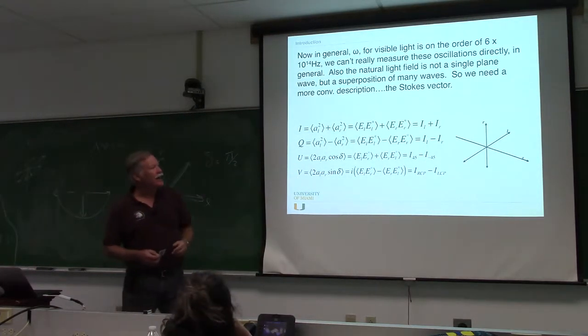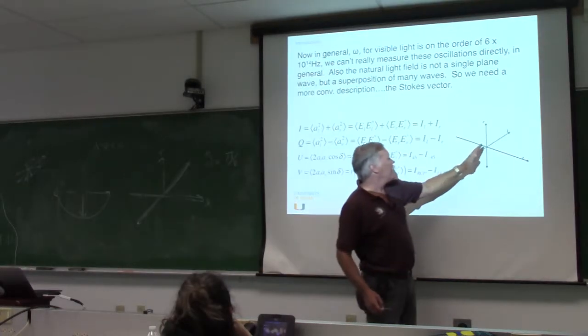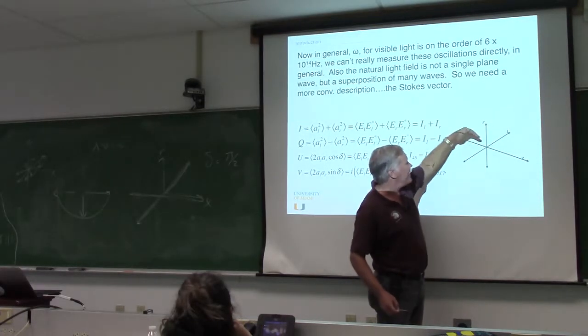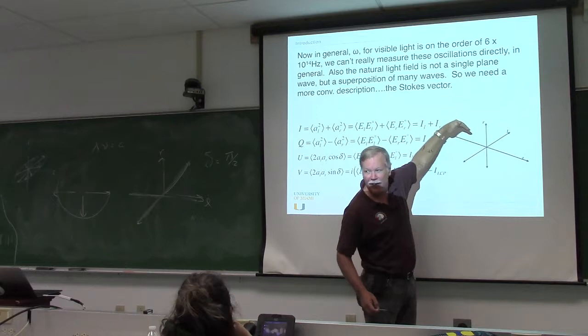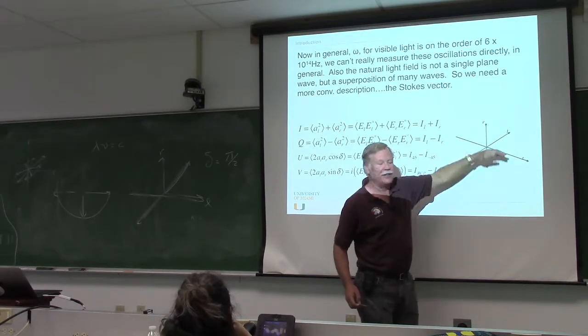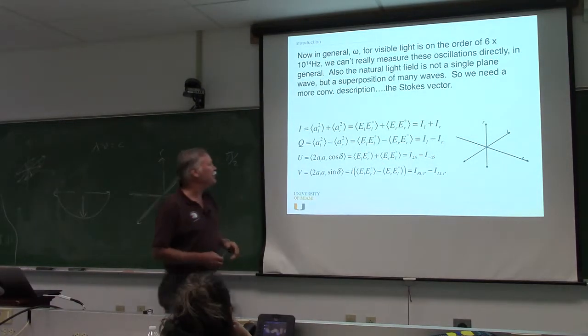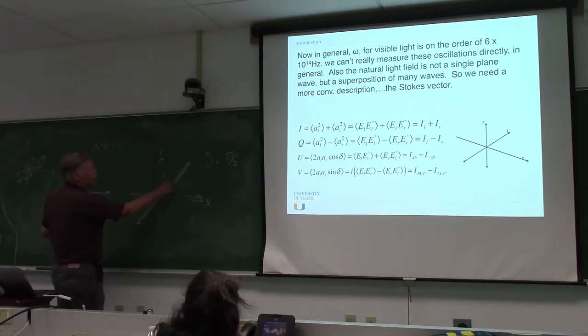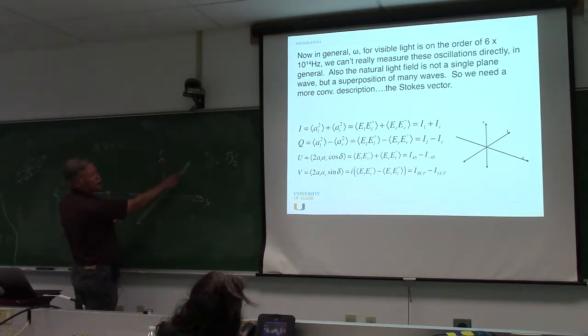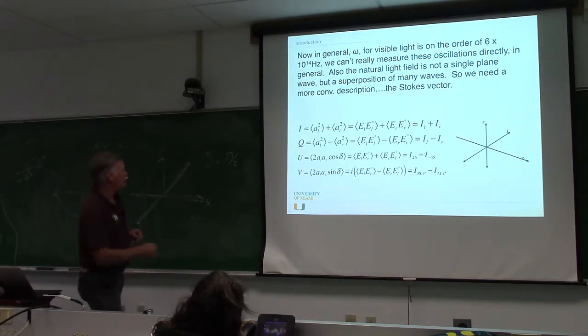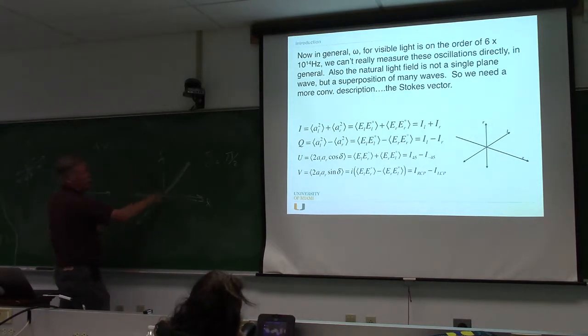U is polarized along 45 degrees minus polarized along the other 45 degrees like this. So in terms of my picture, this would be U equal to 1 because it's along that plane, versus minus 1 would be along that plane.